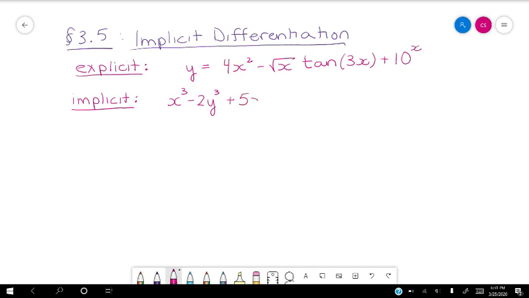It's going to be mushed up with the x's. It could be part of a radicand that also is in terms of x's. And no matter how hard we try, we're not going to be able to get y by itself. So we still have to be able to take the derivative of something that looks like that, and we're going to do it by something called implicit differentiation.